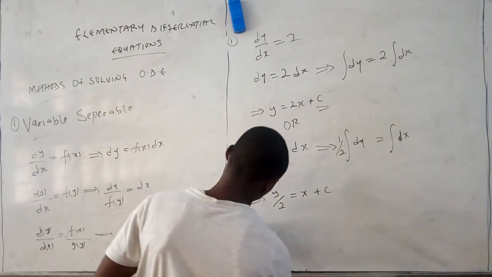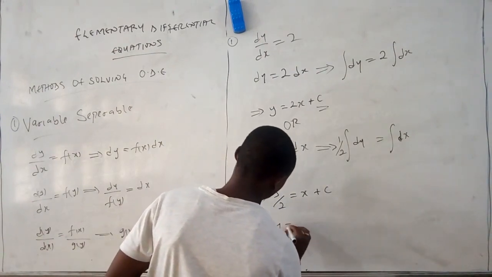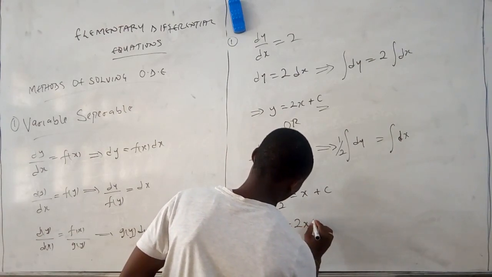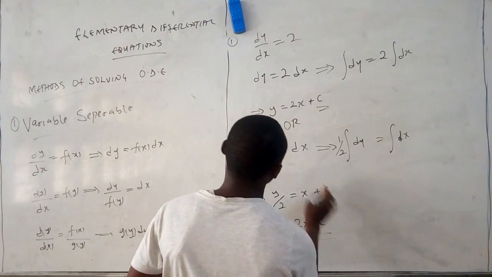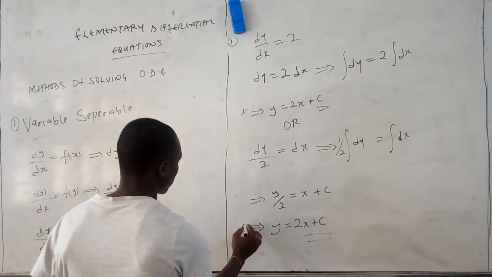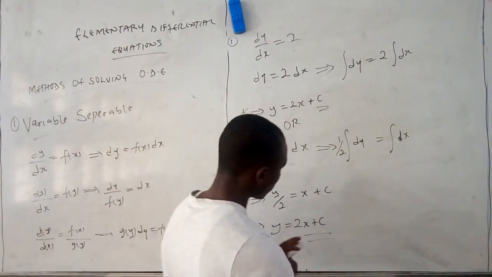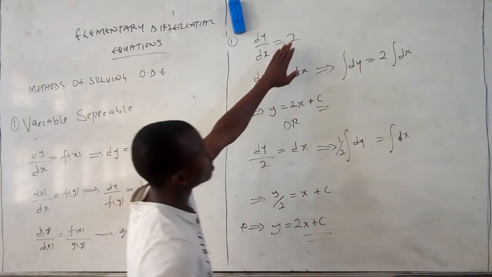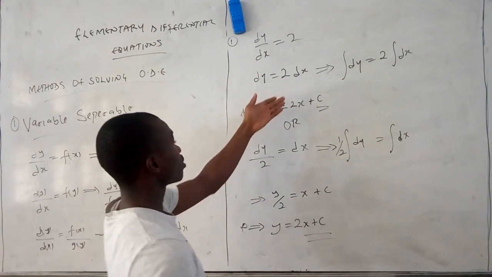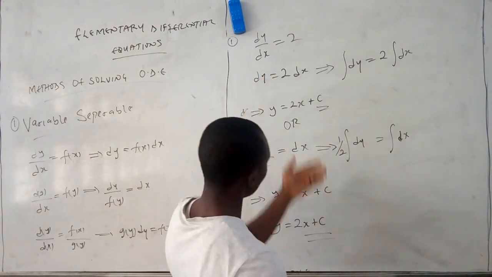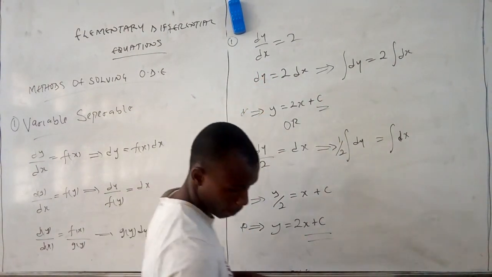So if you cross multiply, y is equal to 2x plus c. So we arrive at the same answer as this. So because 2 is a constant, you can take it either way, be it constant of x or constant of y.